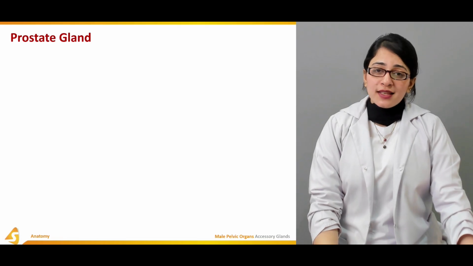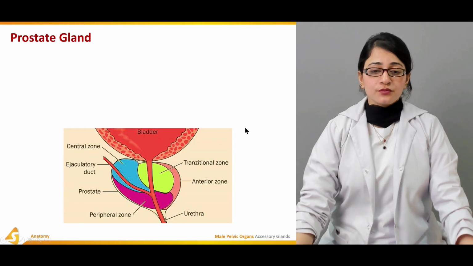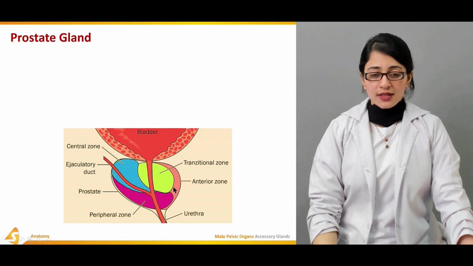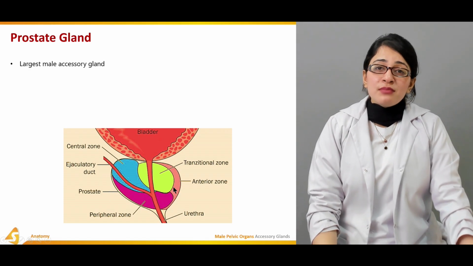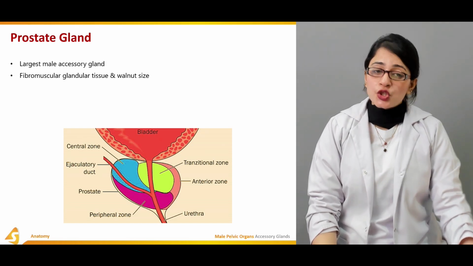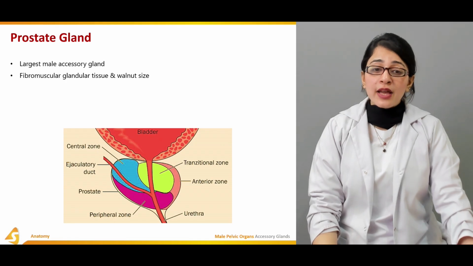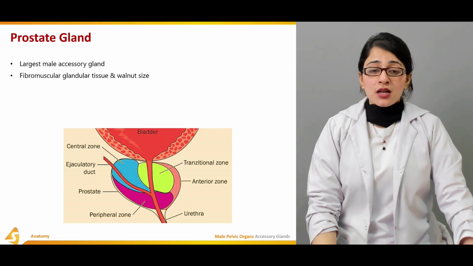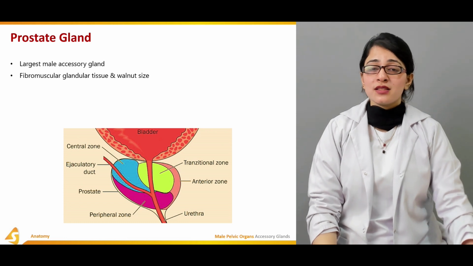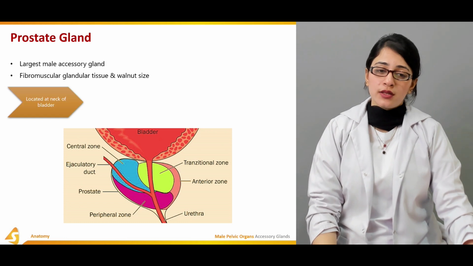Then comes the prostate gland. This complete region is the prostate gland. It is the largest male accessory gland, and it is fibromuscular, formed of fibromuscular glandular tissue, and it is in the shape of a walnut.